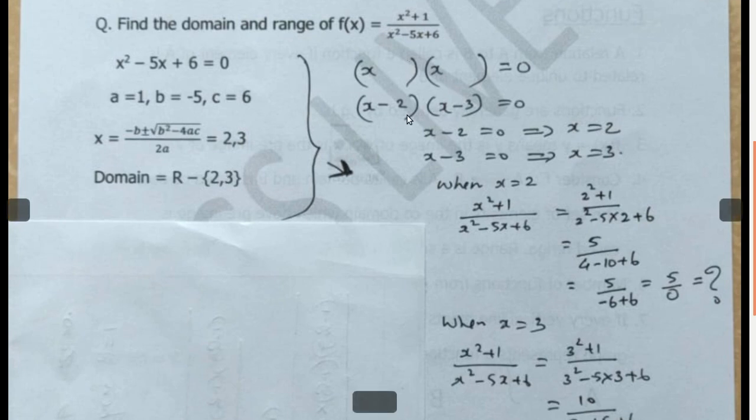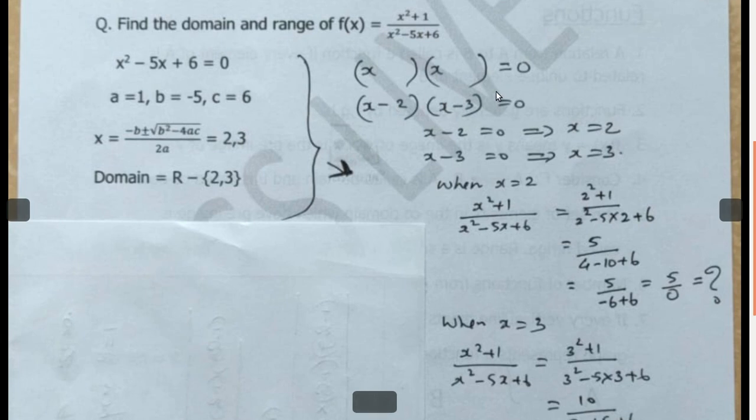For that, we factorize this quadratic equation x² − 5x + 6. We have to find two numbers whose sum will be −5 and whose product will be 6, which are the numbers −2 and −3.